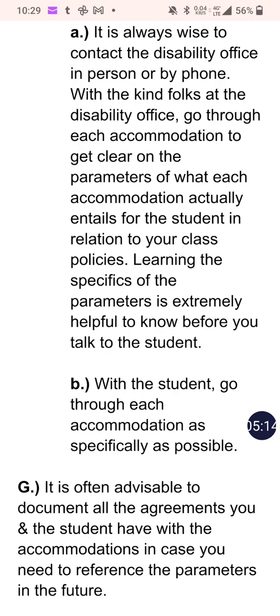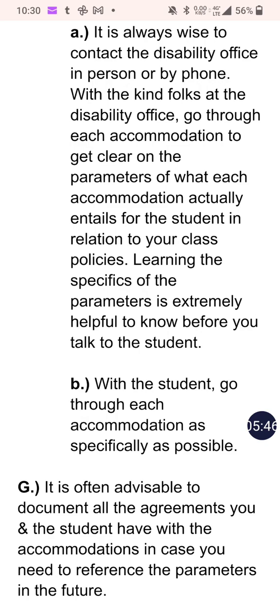What I mean by this is, if there is, say, an accommodation with regard to attendance and you offer participation points and the student needs leniency with attendance grading, what time frame or what percentage of points can we refer to that is fair for the student to receive in light of the accommodation?